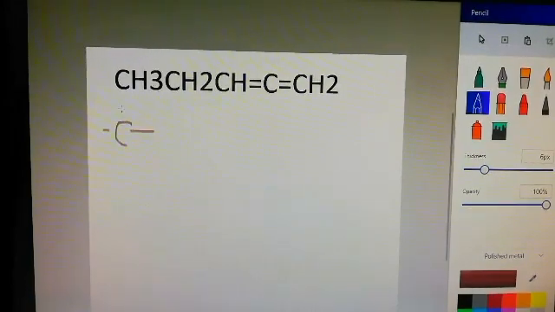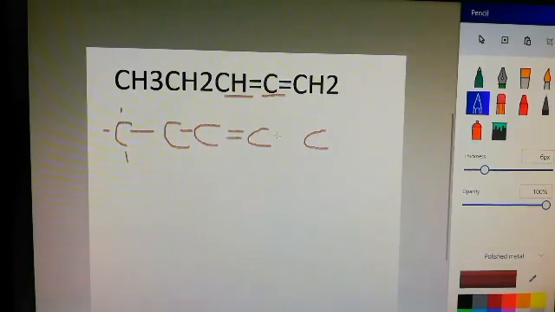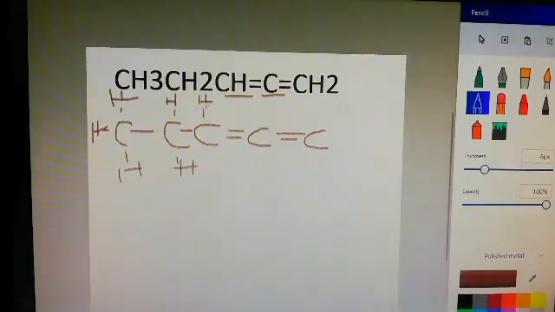I would draw first the C's: 1, 2, 3, 4, 5. On the second, ayan, third, I have a double bond on the third carbon and double bond on the fourth. So, I'll just fill that out with hydrogen. I have 3 hydrogen atoms here, 2 here, and on this one, I only have 1. Why?